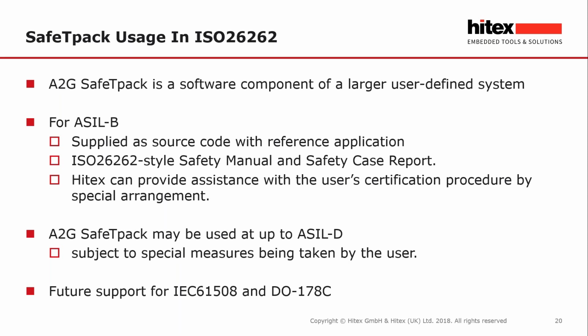It comes with an ISO 26262 style safety manual and a safety case report, which should be sufficient evidence for any external certifying authority, such as TÜV, Exida, MIRA, and so on. But if these external bodies require more evidence as to the software development process, we can provide assistance with this by special consultancy.